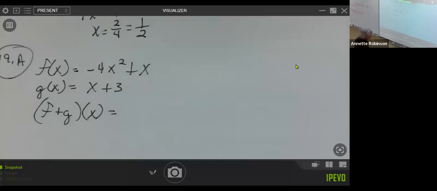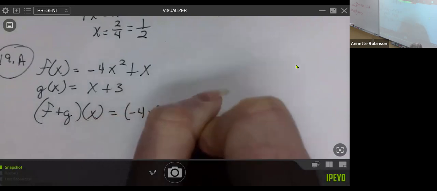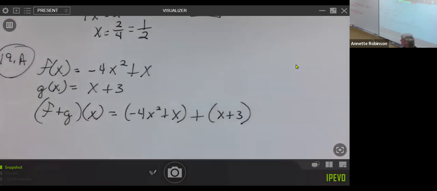So first off, put them in parentheses, telling yourself what you're doing with them. Is there anything to restrict me from dropping these parentheses around the negative 4x squared plus x?